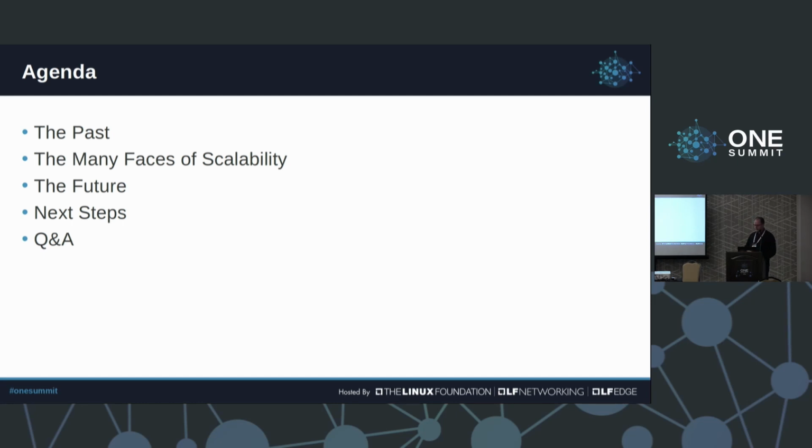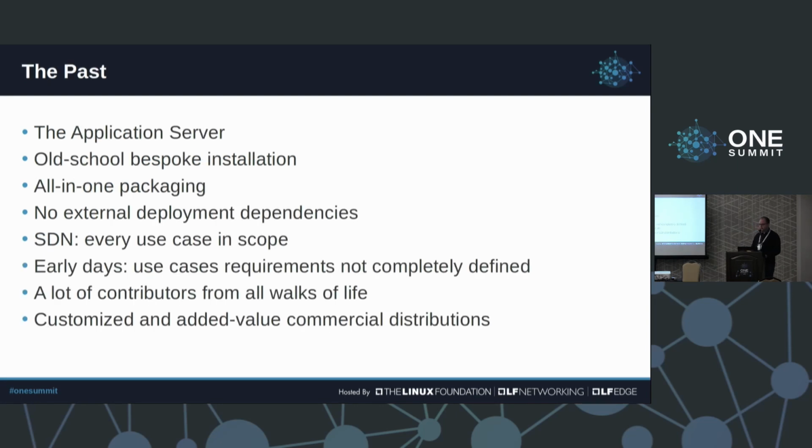I'll start describing this from the past. OpenDaylight got started in 2013, actually, so it's almost 10 years old now. And it kind of shows on the architecture, design and implementation side of things.